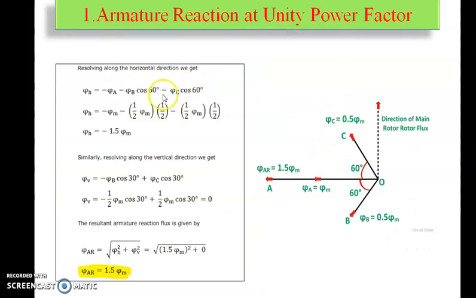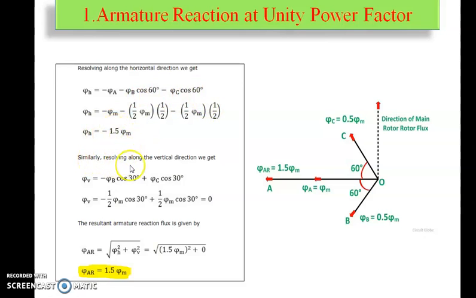So by solving this, I take the resultant fluxes by resolution of the two fluxes. So phi h, where h indicates the horizontal direction resolution, equals phi a minus phi b cos 60 degree minus phi c cos 60 degree. By solving this I get phi h equals 1.5 into phi m.